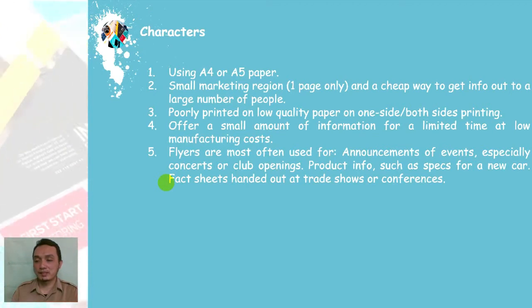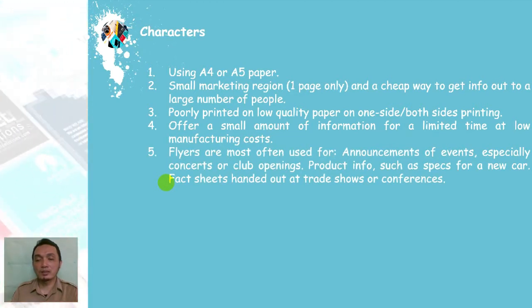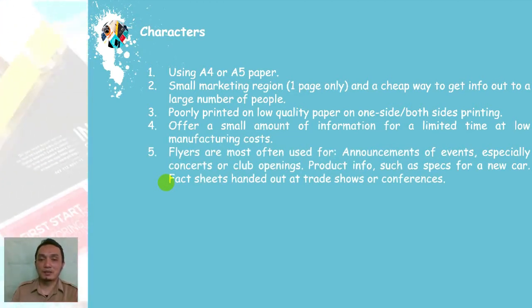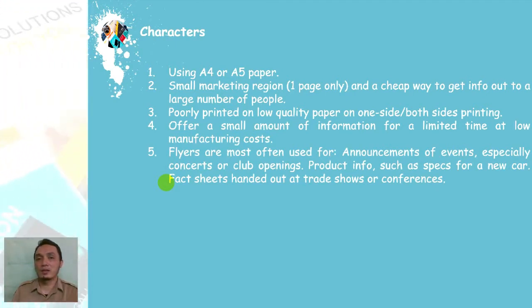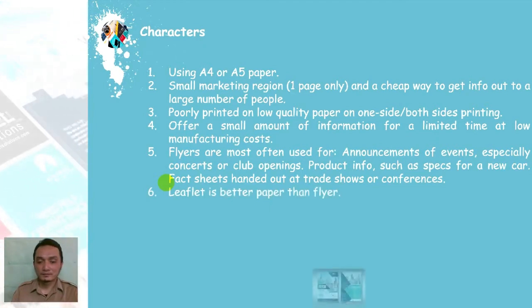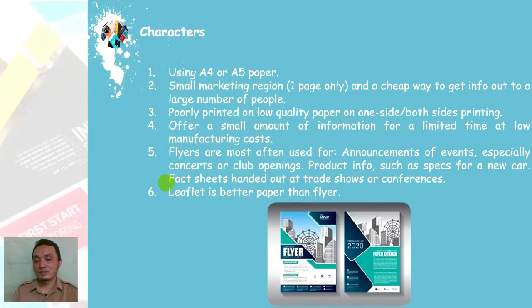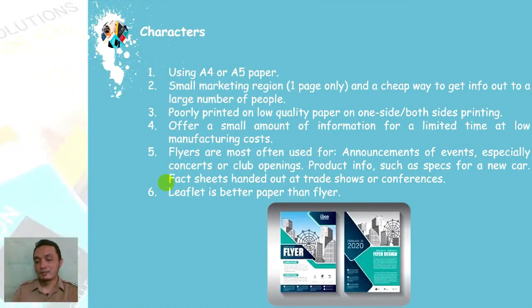They are also used for product info such as specs for a new car, and fact sheets handed out at trade shows or conferences. So that is where you can find or use leaflets. A leaflet is better paper than a flyer. This is an example of a flyer or leaflet.